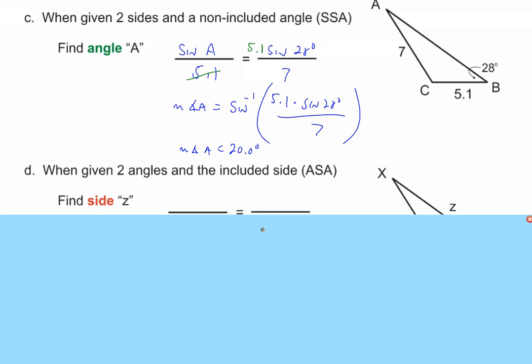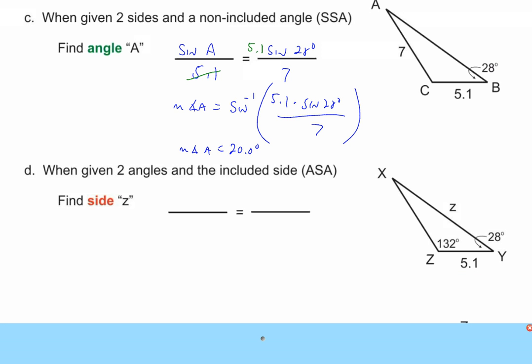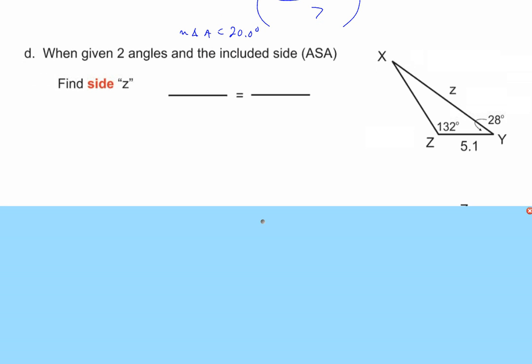So that's side-side-angle. Let's do an angle, side, angle. Okay, so I'm 2 in. So on this next example, again, notice we have an angle, the included side, and an angle. And so in this situation, we can find z.